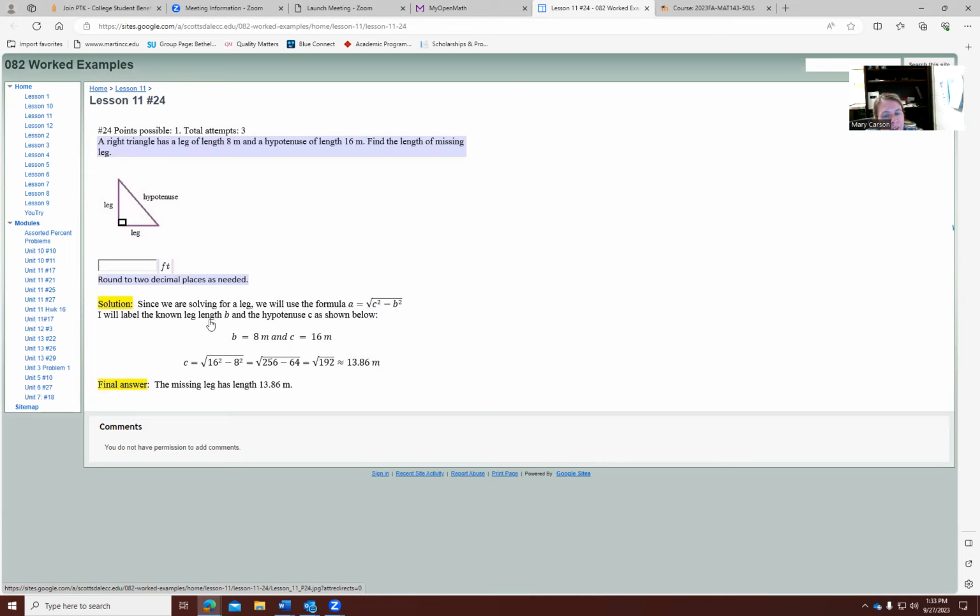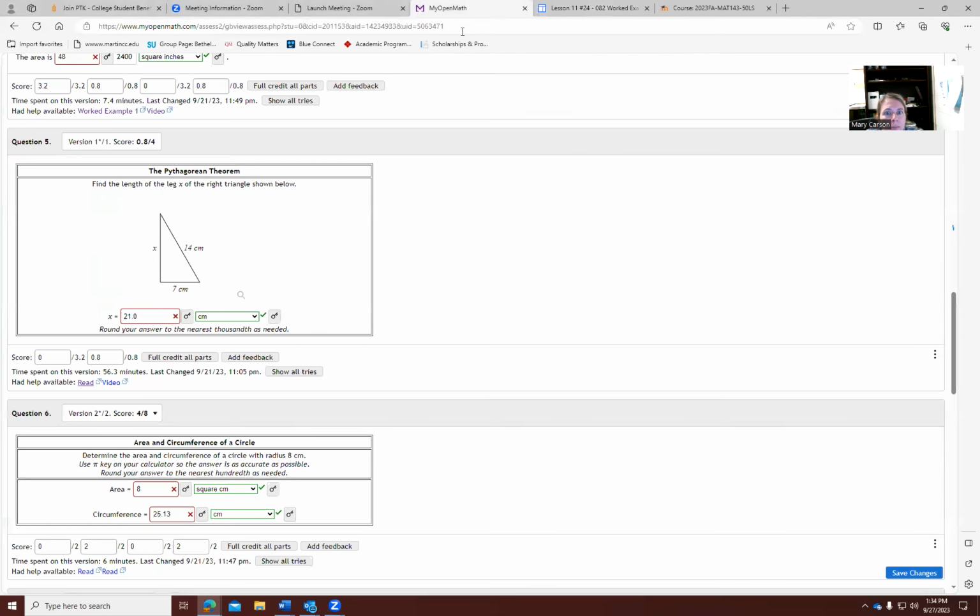So a squared plus b squared equals c squared. This is all in your book. If you are given the hypotenuse, which is c, and these are your legs, a and b, you would do the square root of c squared minus b squared, which is equal to a.